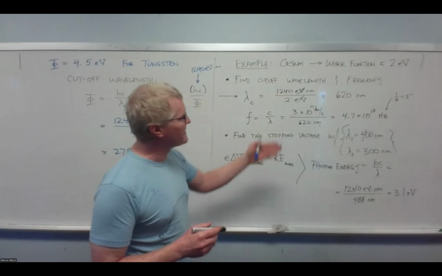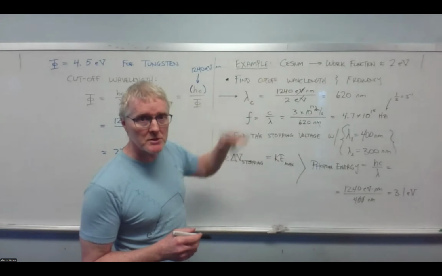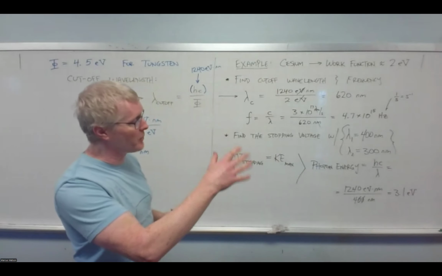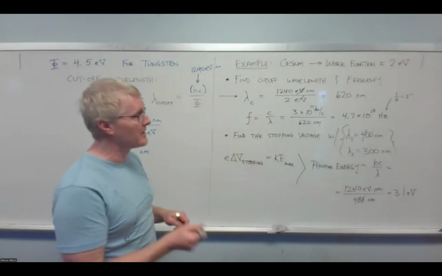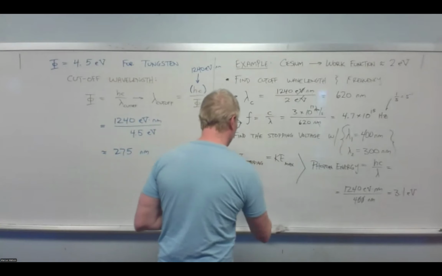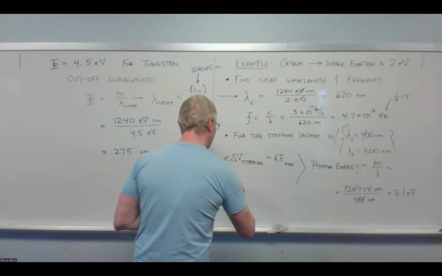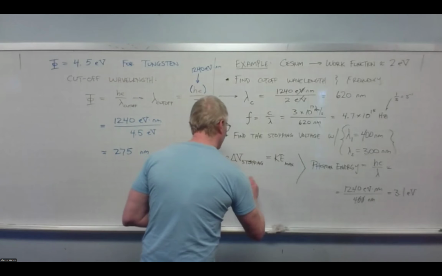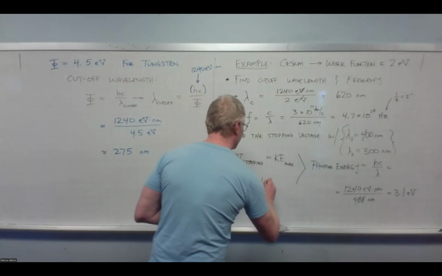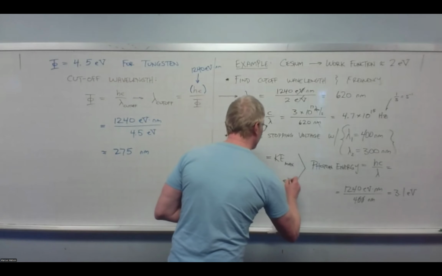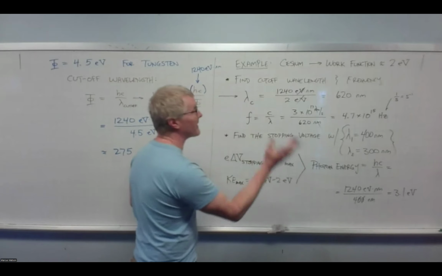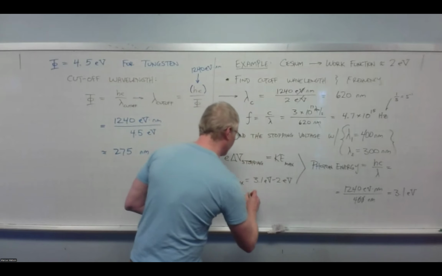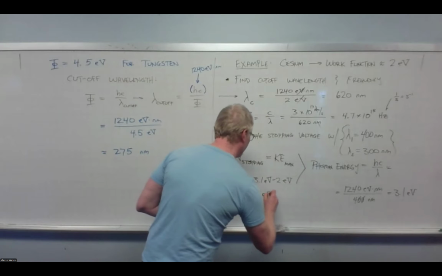With 3.1 EVs, I'm going to use 2 to liberate the electrons, leaving me with the 1.1 for the maximum kinetic energy, right? So the KE max is going to be 3.1 minus the 2, which I needed in order to get the electron out of the well. That leaves me with 1.1 EVs.